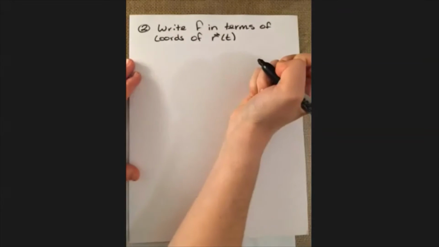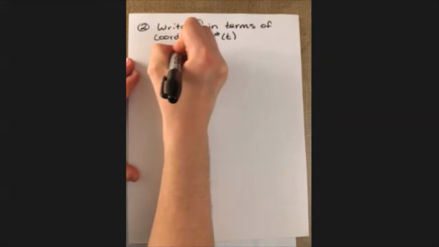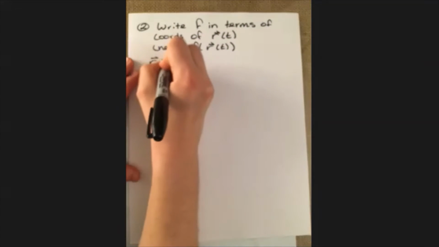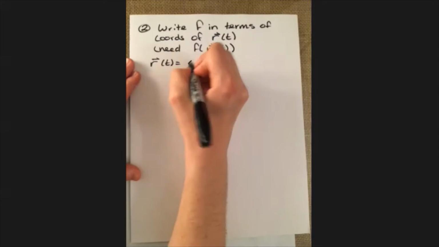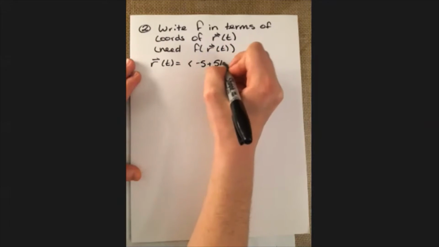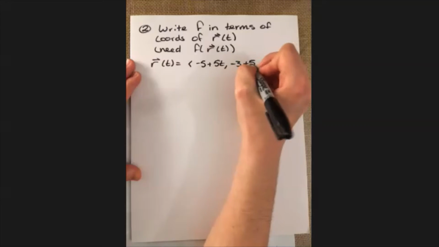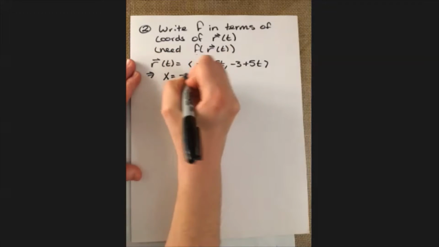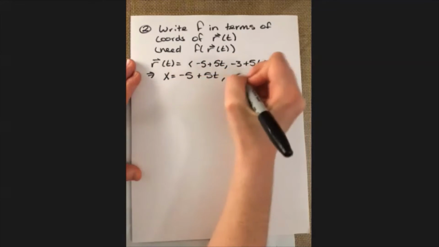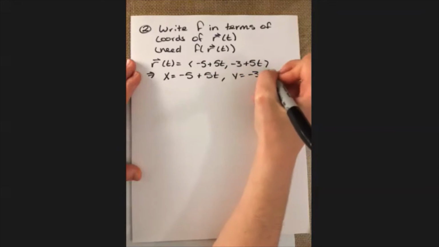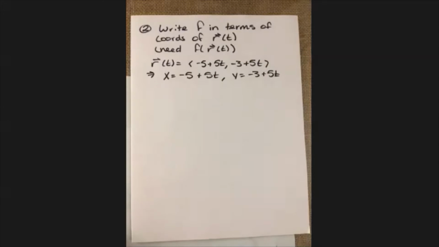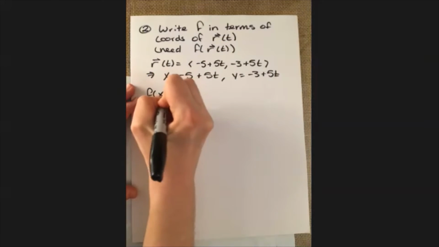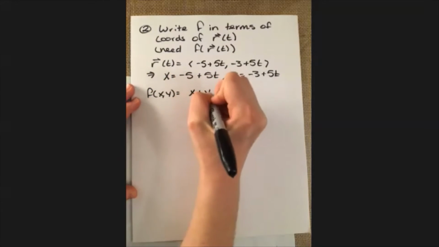Okay, because remember that the goal is to get f evaluated at r of t. We said that r of t was equal to the vector -5 plus 5t and -3 plus 5t. So x has to be equal to -5 plus 5t, and y has to be equal to -3 plus 5t. Our original f of x y was equal to x plus y squared.